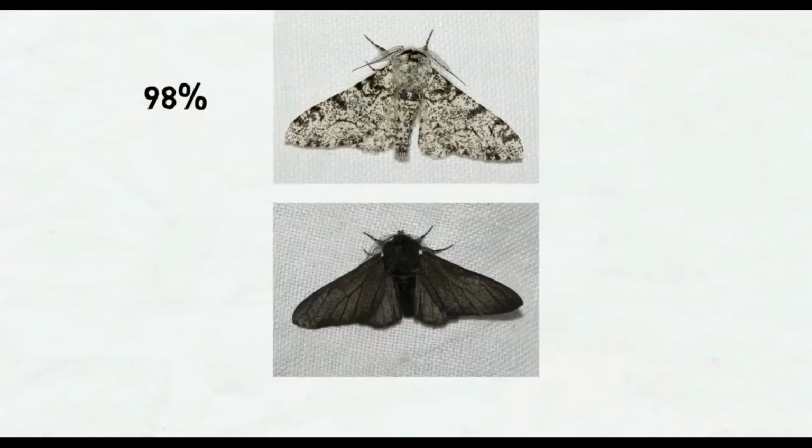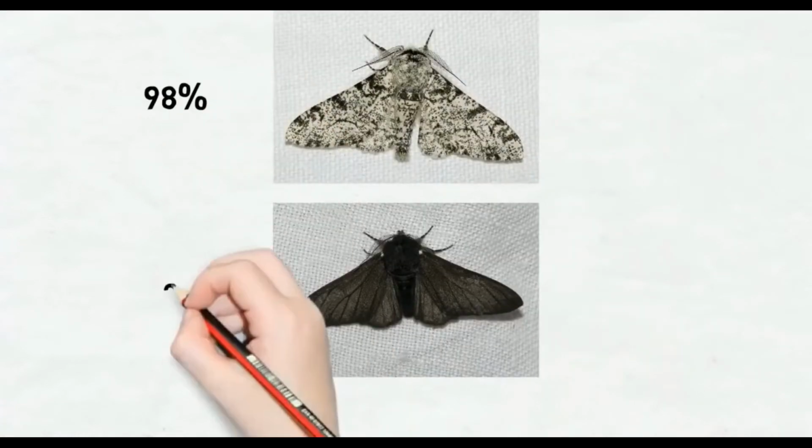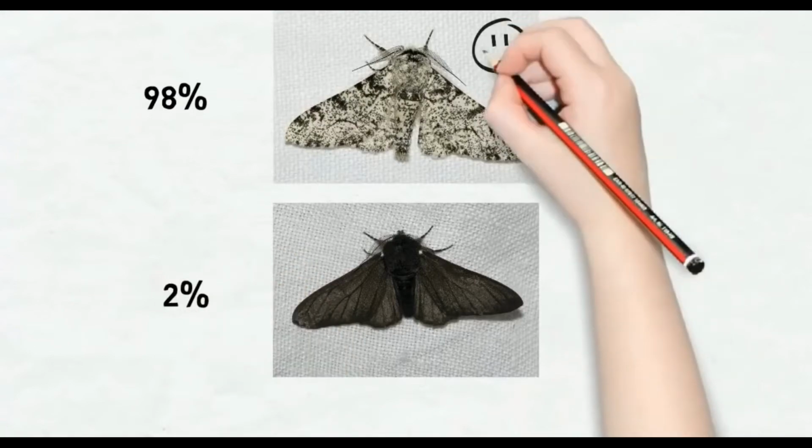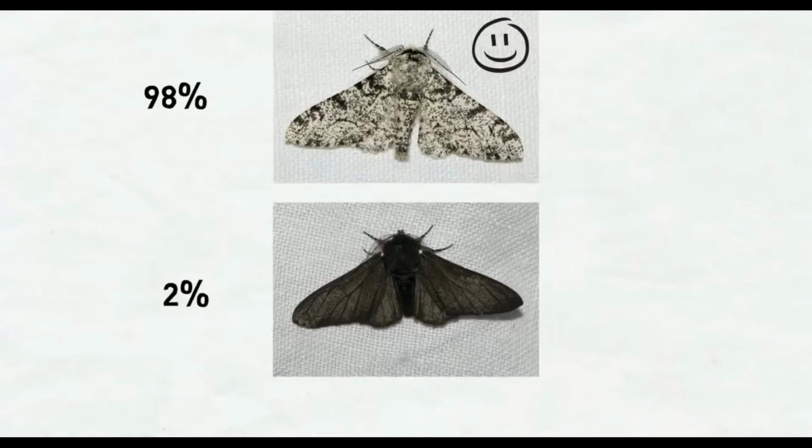Confused? Take the peppered moth. In London in the early 1800s, 98% of peppered moths had light-coloured bodies, only 2% were dark. The light moths were very happy because they were the same colour as the trees, which meant that they could easily hide from hungry birds.